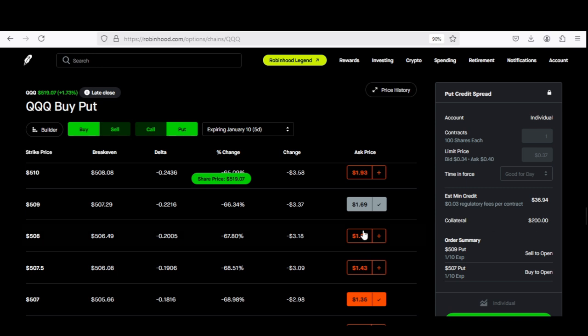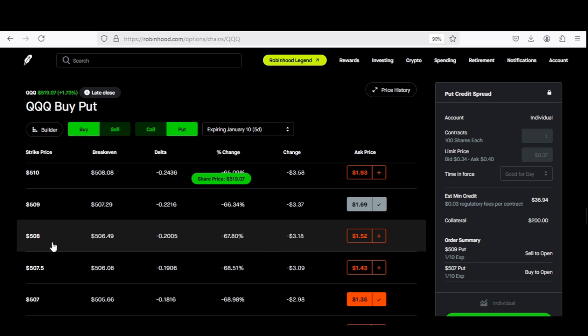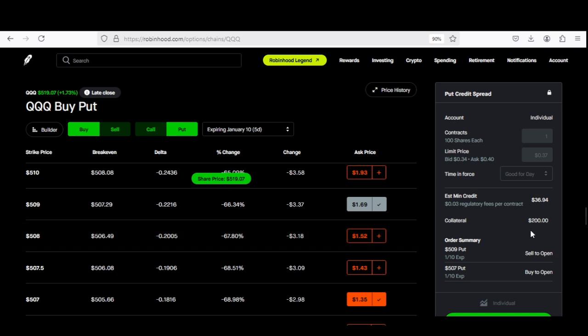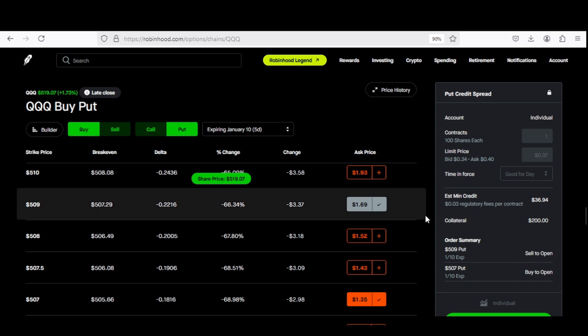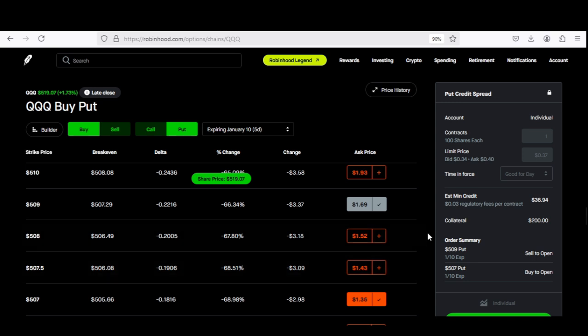So let's just say, for argument's sake, that QQQ is now trading at 508. Then you're going to get back part of your premium, which is probably going to work out to be like $100. So that's the third way in which this trade could go. Once QQQ lands at any price between your two widths, then you're able to get back more of your collateral.